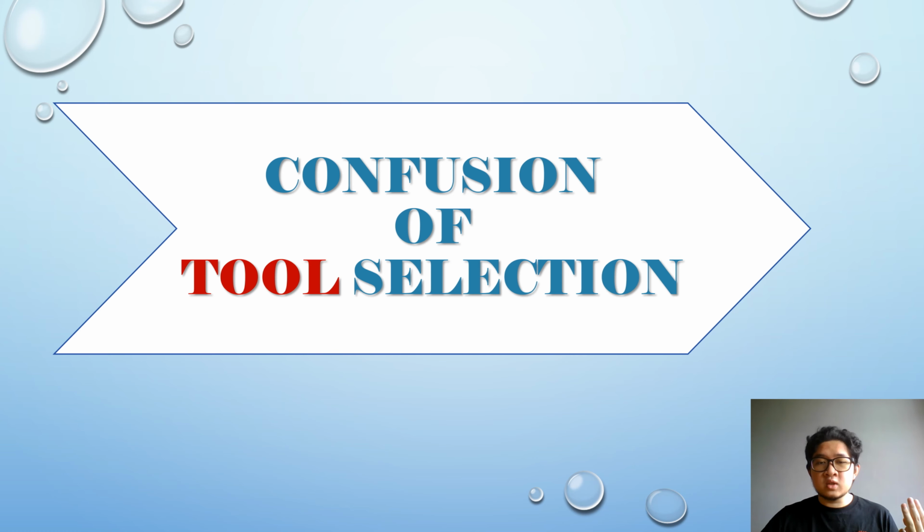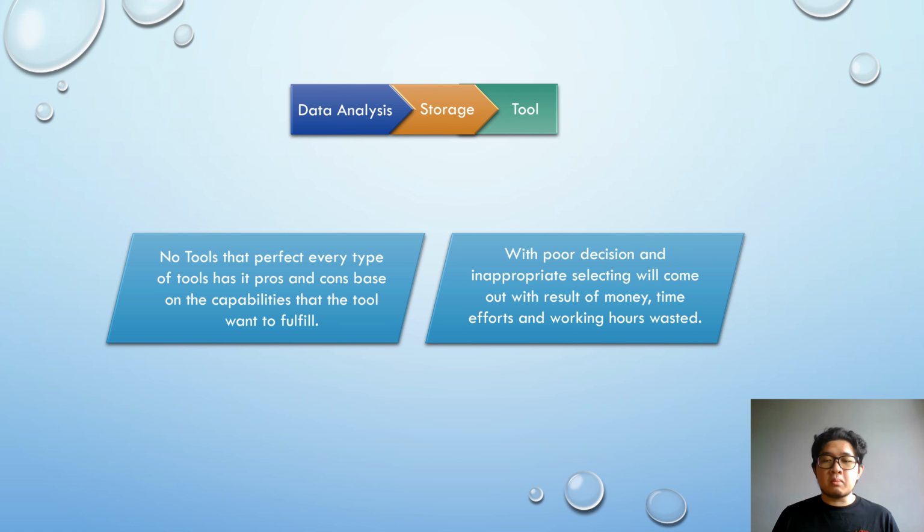The third part is confusion over tool selection. When it comes to data, there will be data analysis. Also, when it comes to data, there will be data storage. And apparently, we will come out with tools.